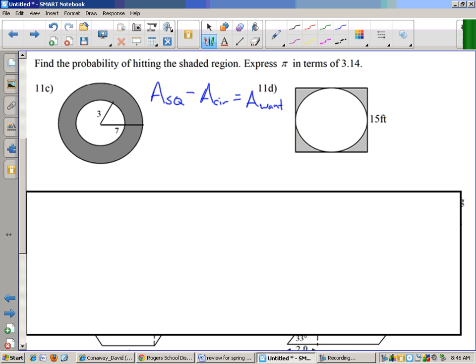I just don't have a real good name for that. So the area of the square, what do we know about the square? 15 foot on a side.